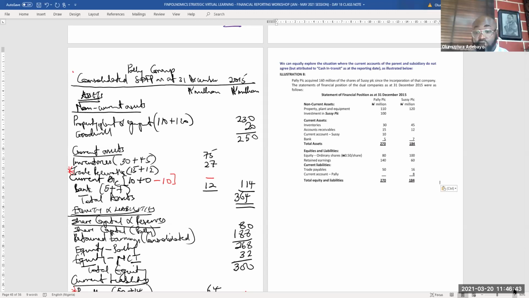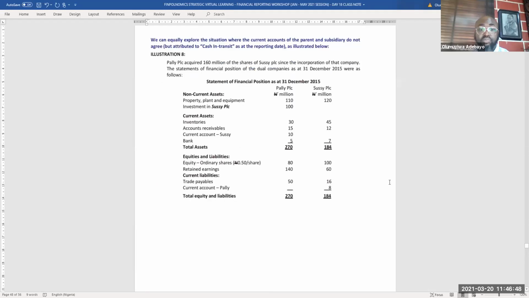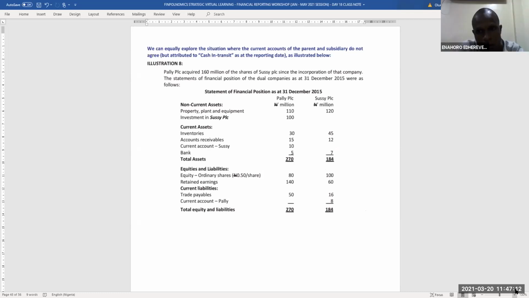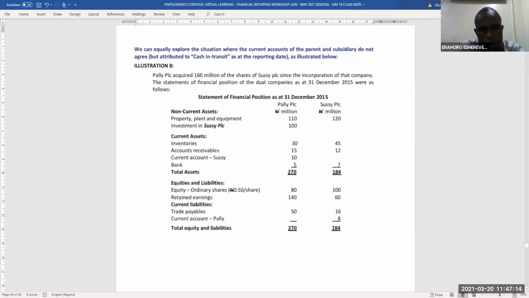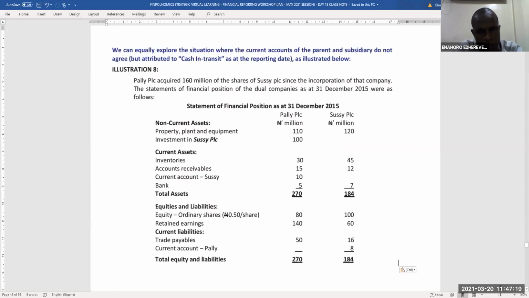I want somebody to read it out, and let's try to identify where the issue lies. Maybe you bold it a bit, it is a little bit tiny. Okay, let me enlarge. Okay, it's fine now.